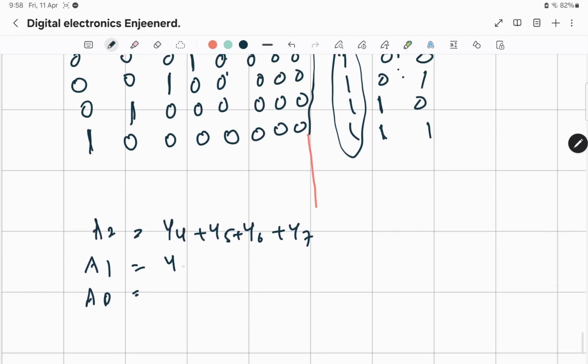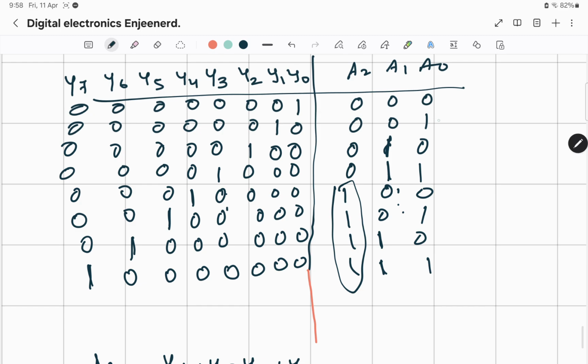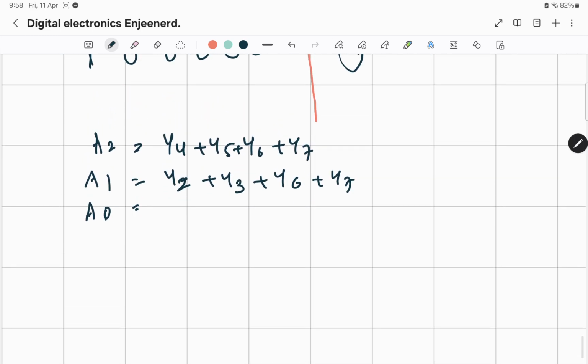So I have Y2, Y3, Y6, Y7. Similarly, last is all alternates. So this is 1, 3, 5 and 7. So Y1 plus Y3 plus Y5 plus Y7.